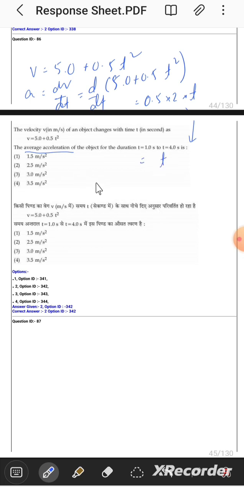The acceleration at t equals 1 second will be 1 meter per second square, and at 4 seconds it will be 4 meter per second square according to this equation.